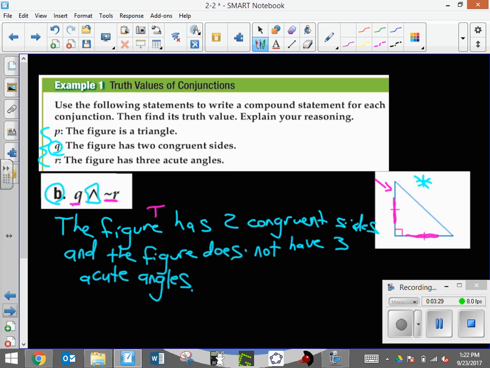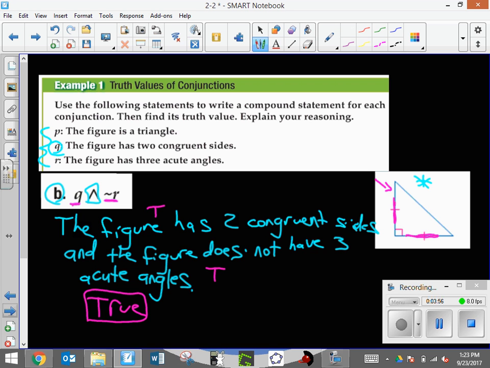And then the second portion, the figure does not have three acute angles. That is also a true statement. One of my angles is a right angle, so not all three of them are going to be acute. Also true. Since I have true and true, my whole compound statement is going to be true.